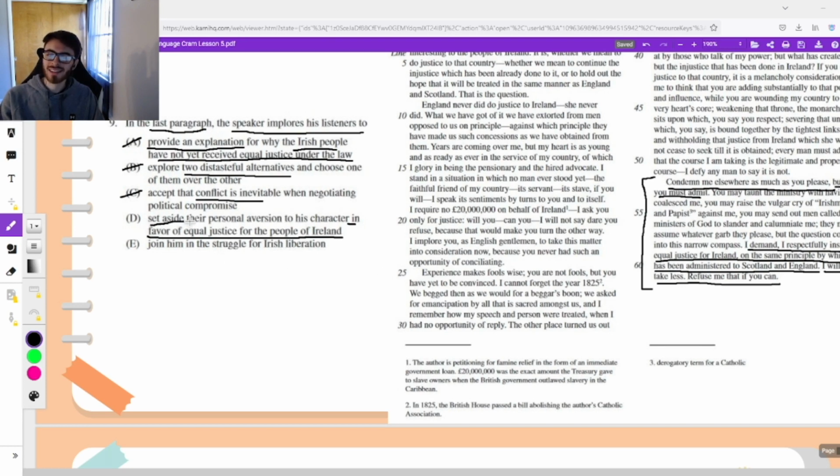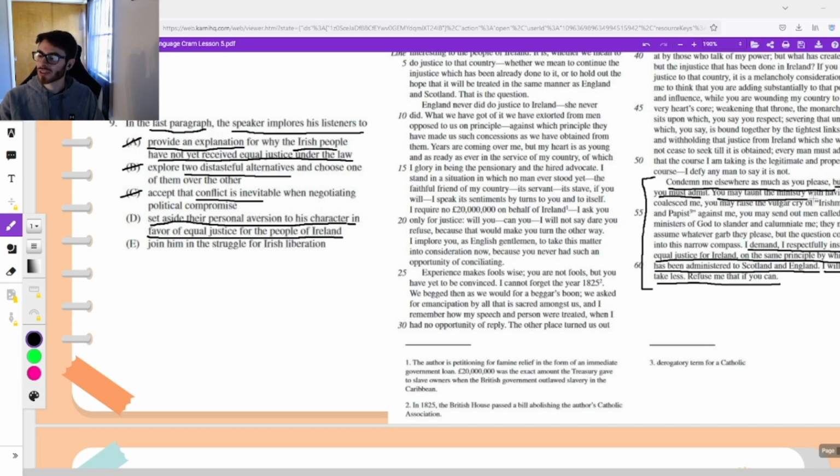What about set aside their personal aversion to his character? Well, I think that fits as well, right? At the top, he says, condemn me elsewhere as much as you please. Condemn me, right? Talk negatively about me. But you must admit this. You must, even if you don't like me, right? Even if you have an issue with me, you must give justice to the people of Ireland, right?